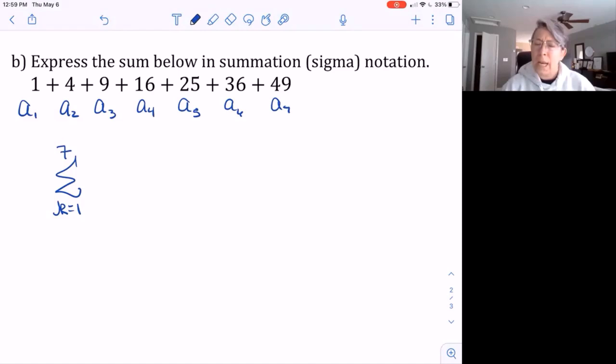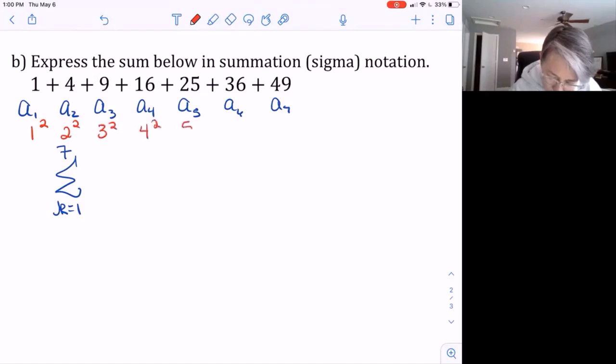1, 4, 9, 16, 25, all of these numbers have something in common. Not a GCF, but all of them happen to be perfect squares. So notice if I were to rewrite each of these, 1 is 1 squared, 4 is 2 squared, 3 squared, 4 squared, 5 squared, 6 squared, 7 squared.